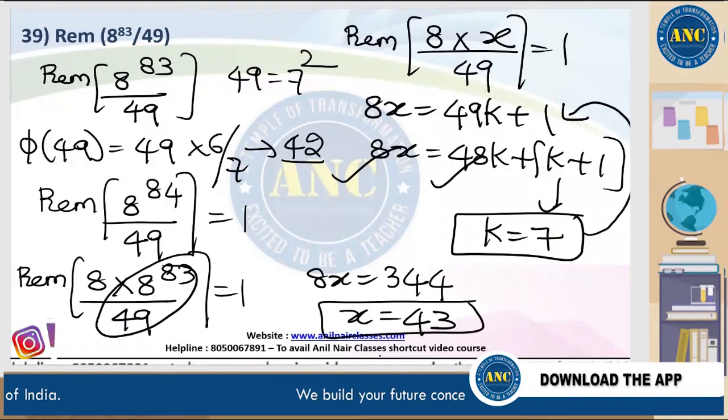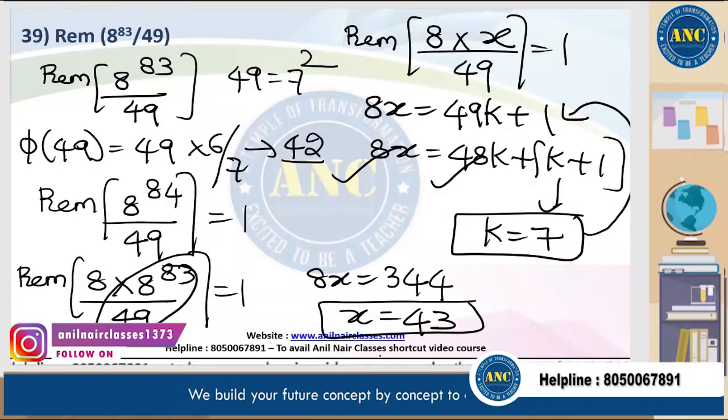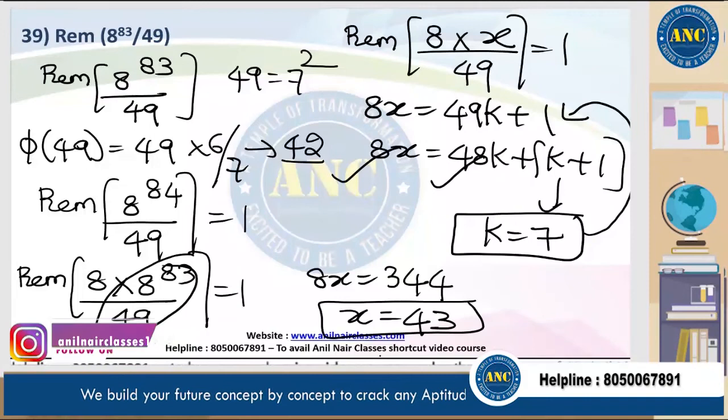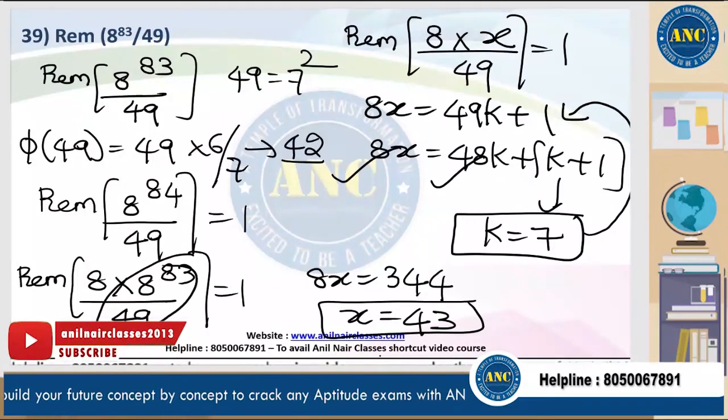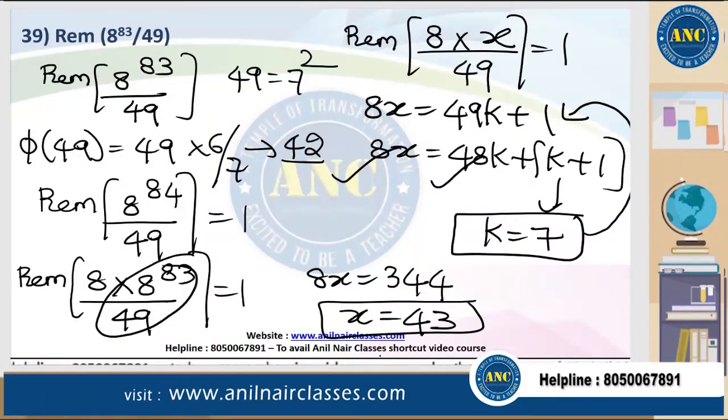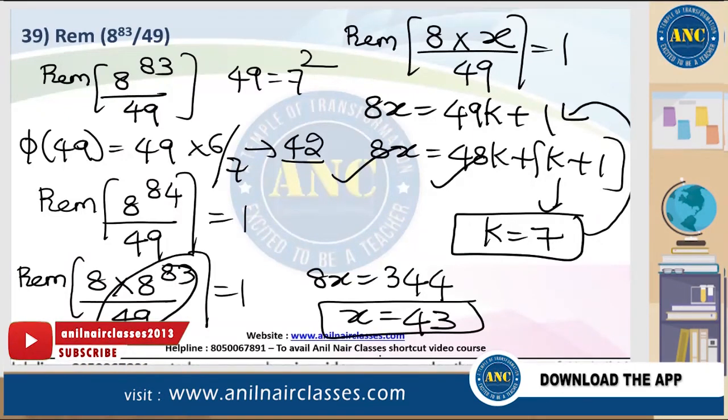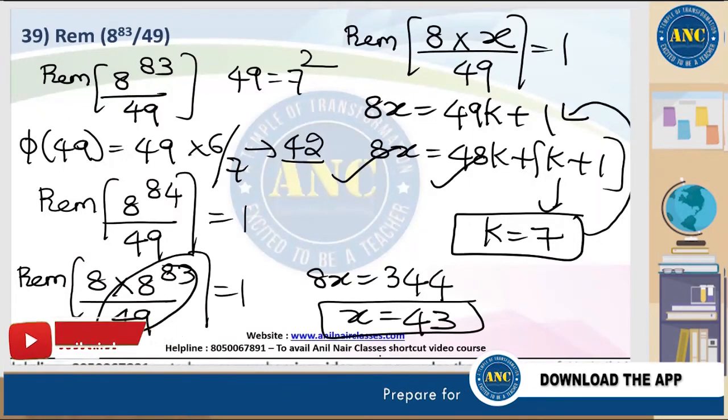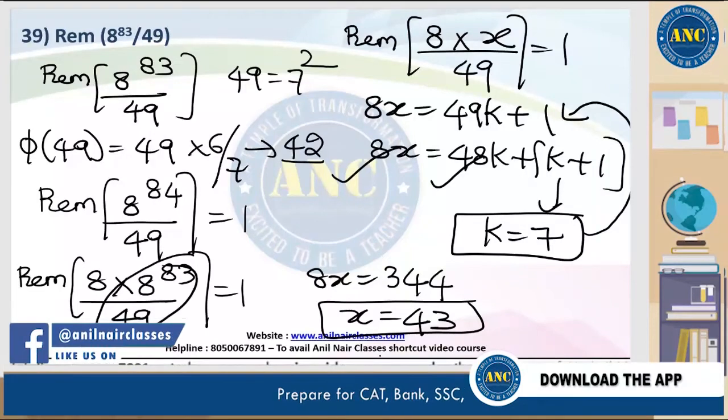Backtracking method, for example. Riyaz, I hope it is clear to you. You can also use binomial expansion to solve the problem, but if you understand Euler, it will be very easy. Directly you will get the answer. Anyway, in the third class, I will tell you how you can eliminate incorrect answer options.